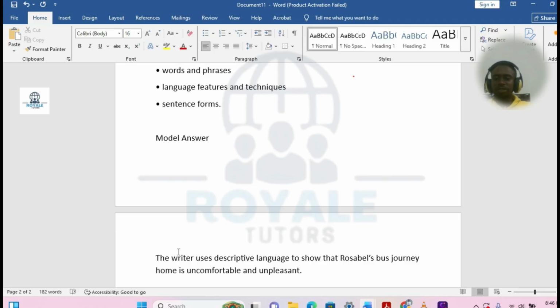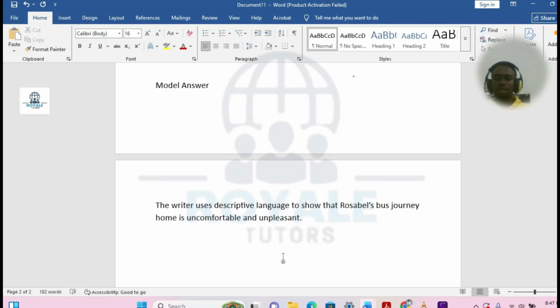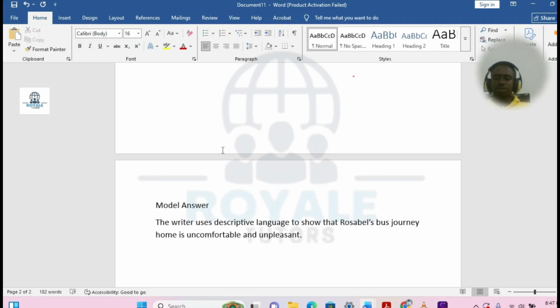So we have it here that the writer uses descriptive language to show that Roosevelt's bus journey home is uncomfortable and unpleasant. Right? So let's just put this right here. Let's make it darker. All right, good.